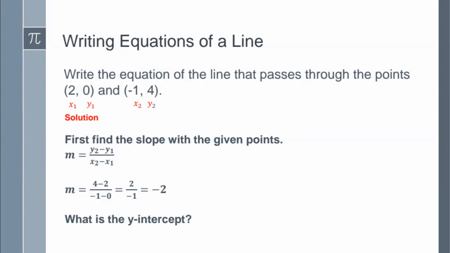Sorry to interrupt. Is there a problem when we put the x1 first instead of the y1? No, because you can switch them around, right? As long as you, for example, let me get my pen out again.